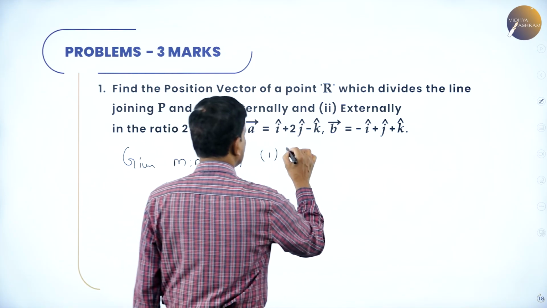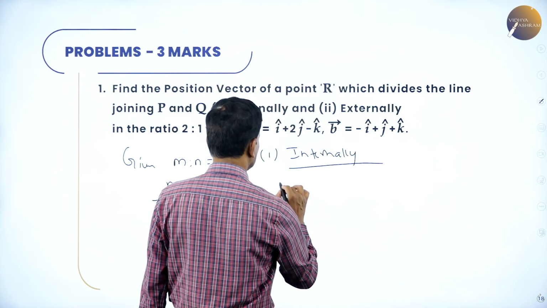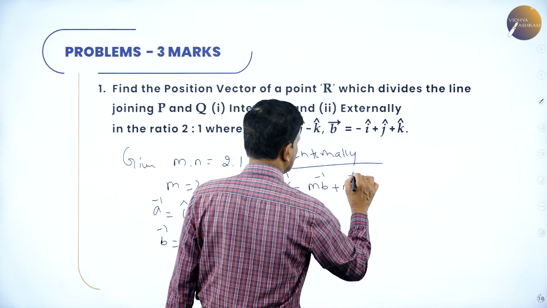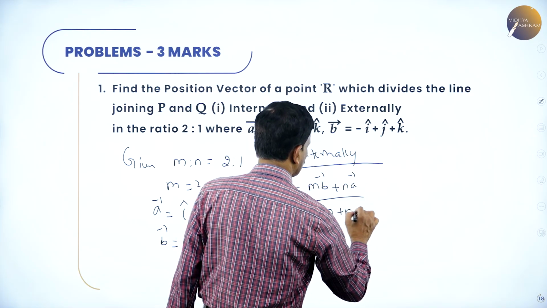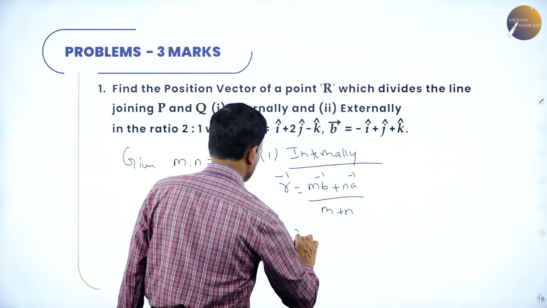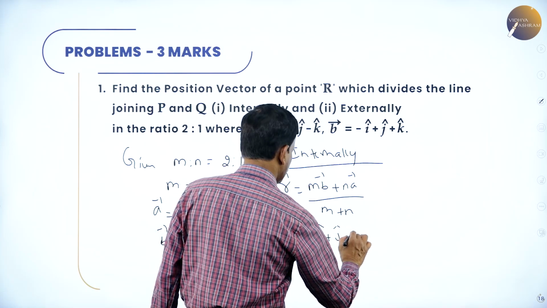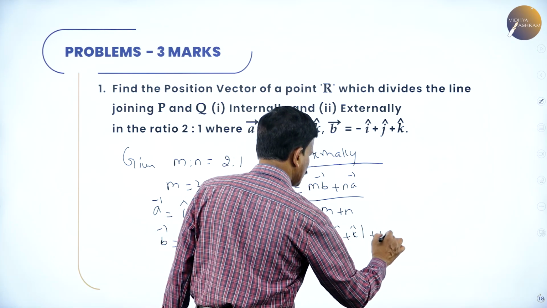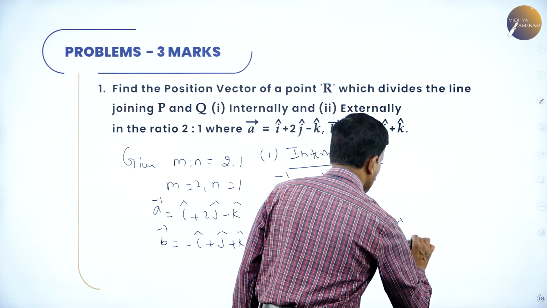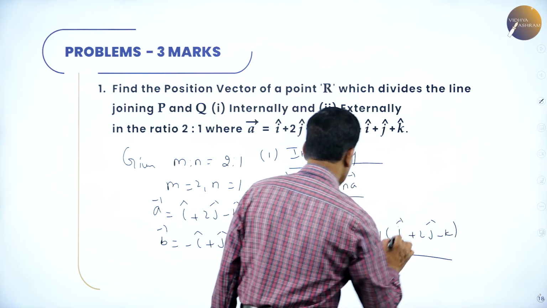Let us take first internal division. Internally, vector R is equal to m into vector B plus n into vector A divided by m plus n. What is m? m is equal to 2 into vector B, minus i plus j plus k, plus 1 into vector A, i plus 2j minus k, divided by m plus n.